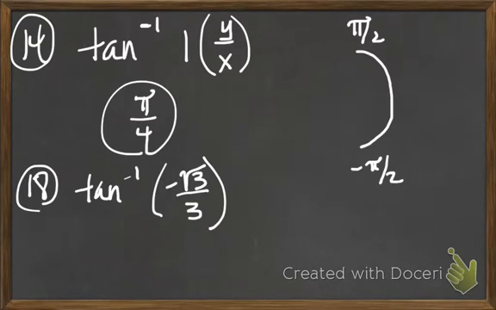What angle, this one's going to be a little bit harder. What angle has a y divided by its x between pi over 2 and negative pi over 2 of negative square root of 3 over 3? Negative pi over 6. Anybody want me to explain that?